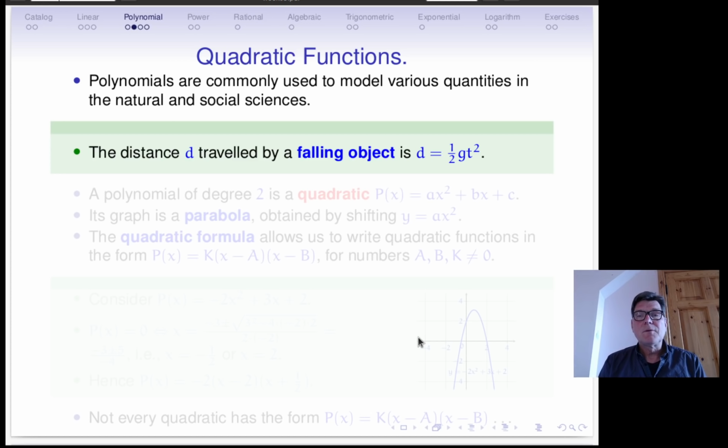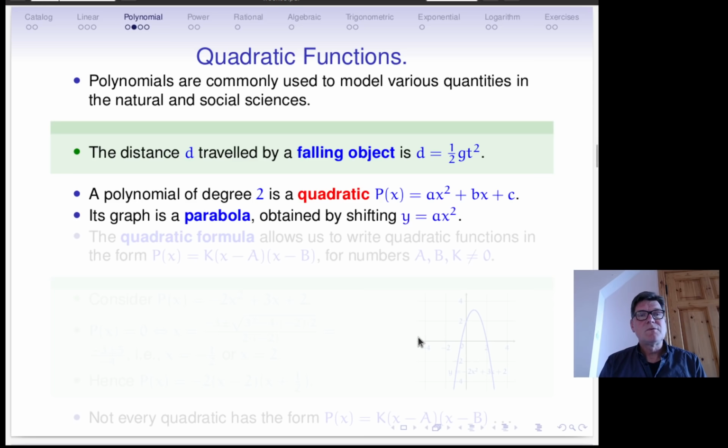That's a formula involving a quadratic. A polynomial of degree 2 in general is called a quadratic polynomial, and it has the form p of x is ax squared plus bx plus c.